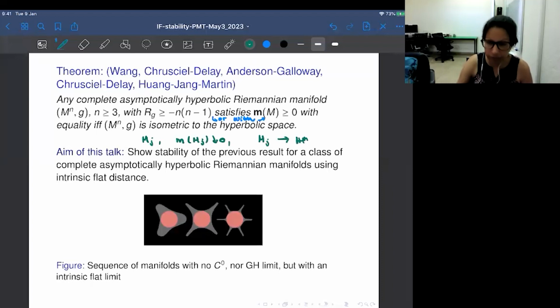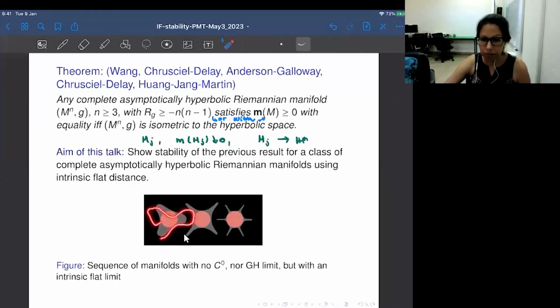And in order to define this limit, we are not going to use Gromov-Hausdorff limit, nor C0 distance of the Riemannian tensors, because sometimes there are sequences that have scalar curvature bounds, but do not converge in GH sense, but they will converge in intrinsic flat sense.